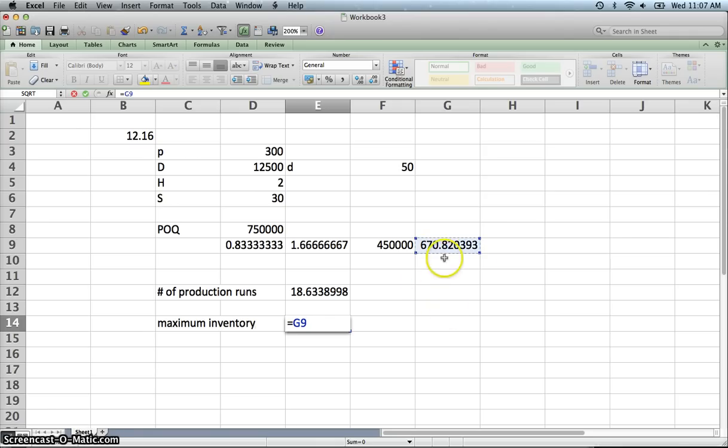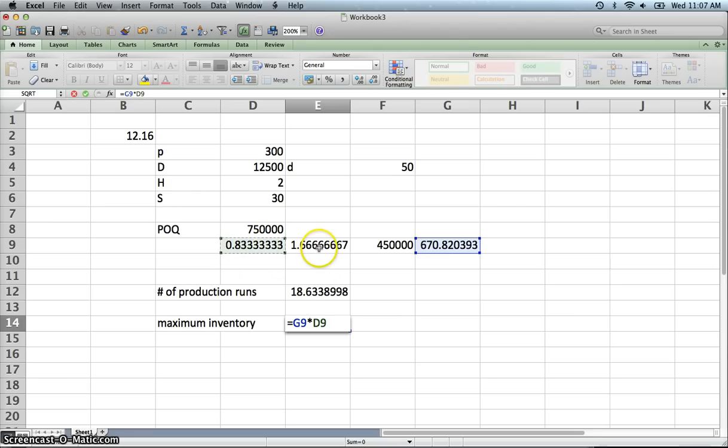But really we're not going to store all of that, because even though we produce 671, some of it is already going to be used or sold in demand. And so we want to multiply that by this equation here, once again, the 1 minus D over P.